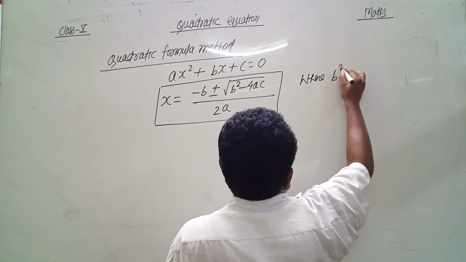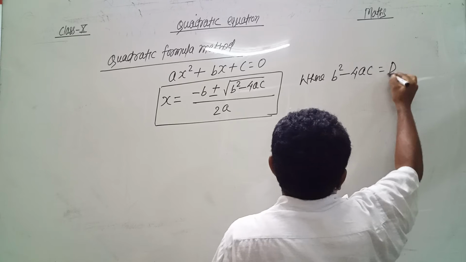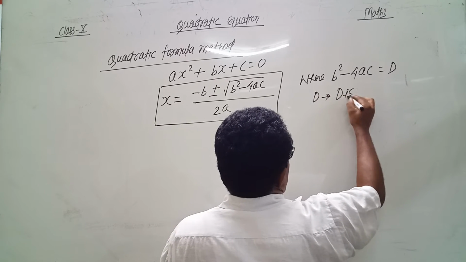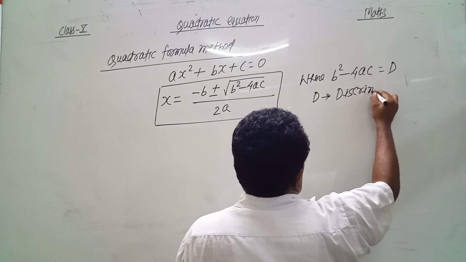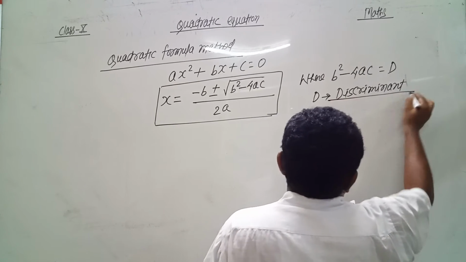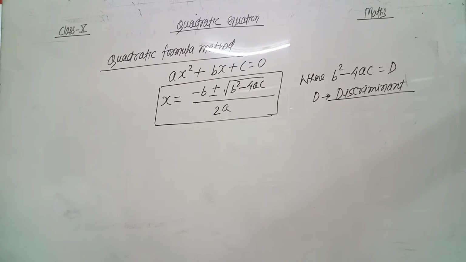It is represented by D, and D is called discriminant.